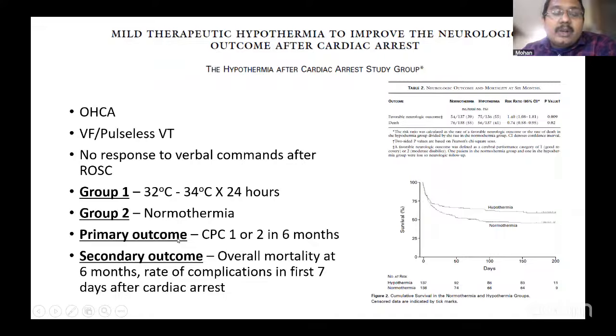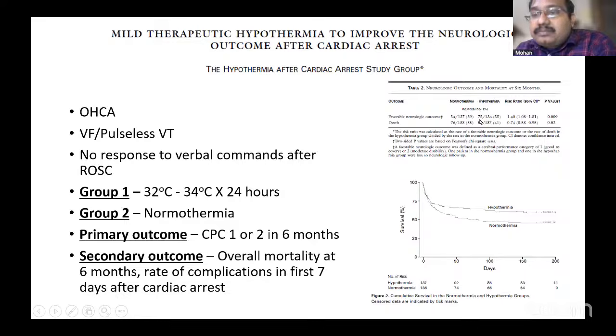The primary outcome they looked at was cerebral performance category 1 or 2 at 6 months. The secondary outcomes were overall mortality at 6 months and the rate of complications in the first 7 days after cardiac arrest. Compared to Bernard's trial, they recruited a bigger number of patients, 137 in normothermia and 136 in hypothermia.